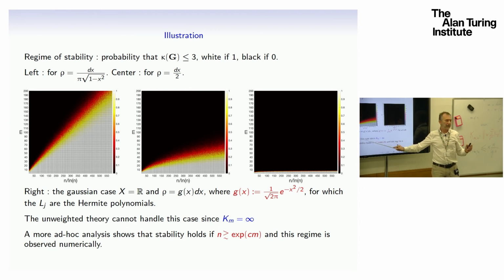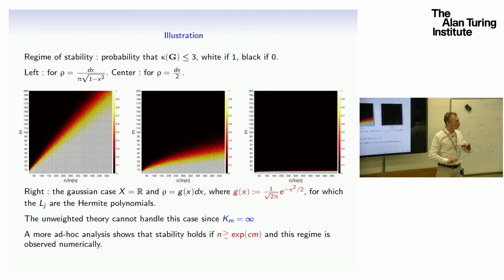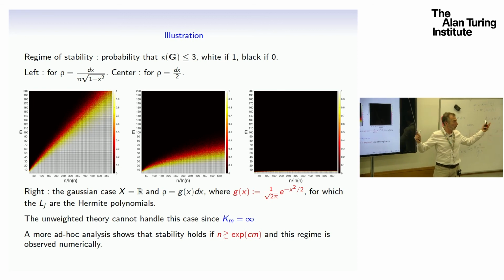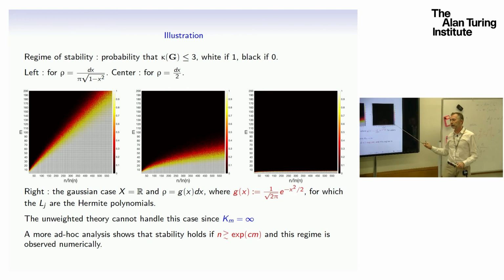Now, what you see in that case is that our theory is absolutely unable to cover this case, simply because these polynomials are unbounded on R. So when you sum their squares, the L infinity norm will have no meaning. And in fact, things are going terribly. You see that everything is black, but you see a very, very little strip here where you have some success.